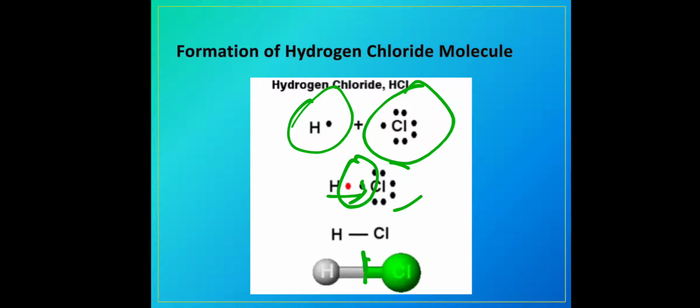If you see the bond distance, there is more distance between hydrogen and the center where the electrons are shared, and from chlorine the distance is lesser. So chlorine is pulling the electrons towards itself. So HCl is an example of a polar covalent molecule.